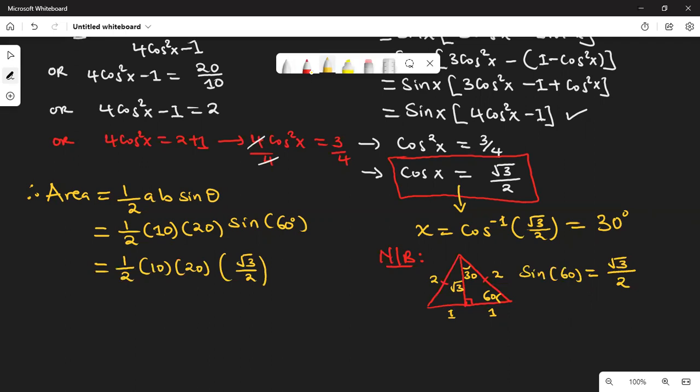When I simplify, I'm going to get 200 root 3 everything over 4. 200 when you divide by 4, that will give us 50. 50 then times root 3. So that is the area of the given triangle. And you see, if you're not given the units, we write this as square units.